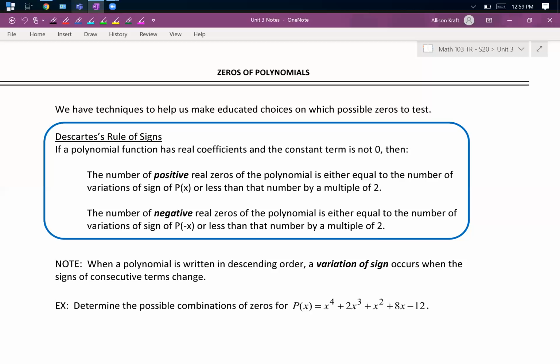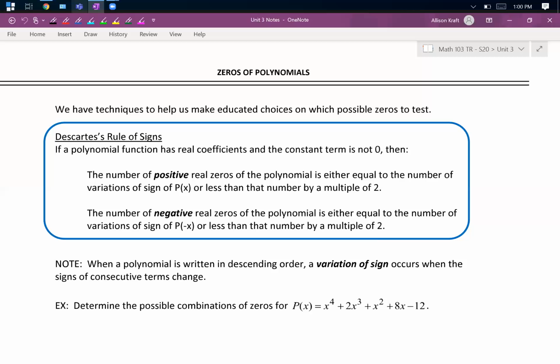What we're going to be doing is making a table, a chart, to help us conclude all of the possible combinations of positive real zeros, negative real zeros, and complex zeros. And then this table will help us make better choices between positive or negative numbers out of our list of possible rational zeros.